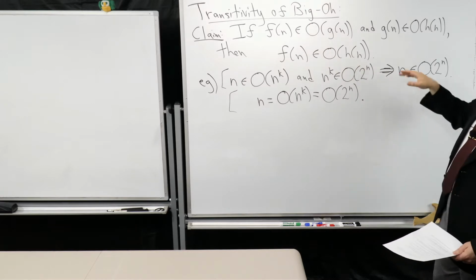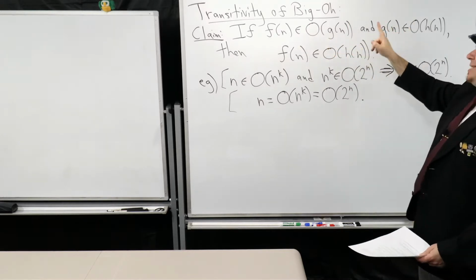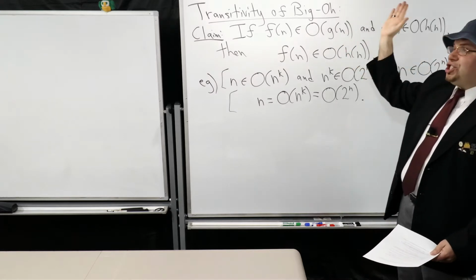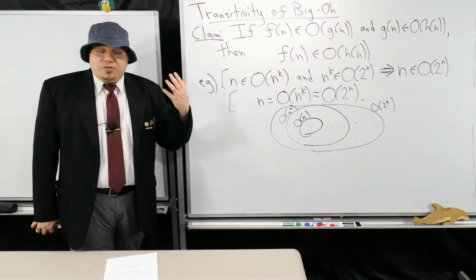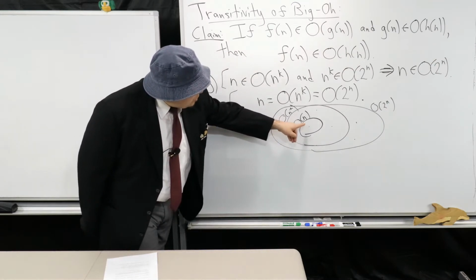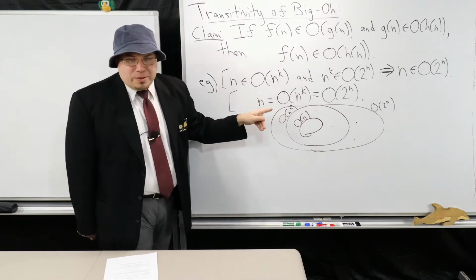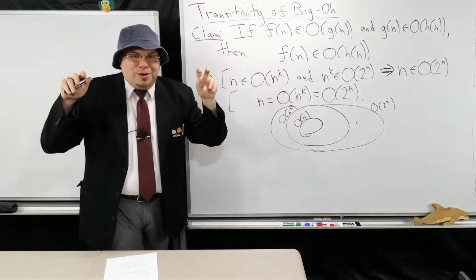Do you see how if you read this, you start with f, then you talk about g, then g talks about h, you cut out g from the middle and you can now talk about f in relation to h. Transitivity allows me to make these very simple jumps between these different sets of complexity functions, as long as I have a so-called middleman.